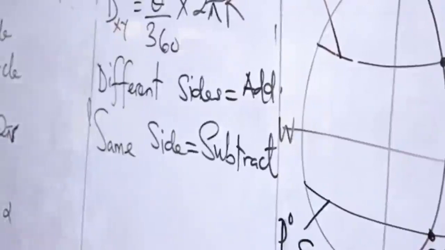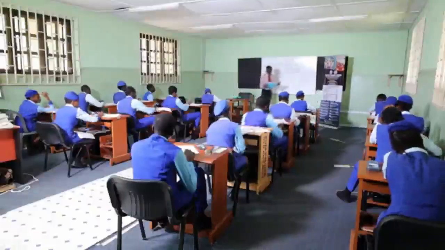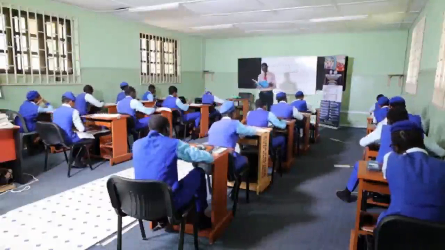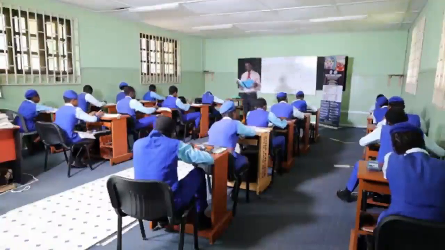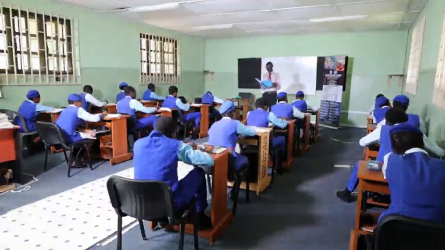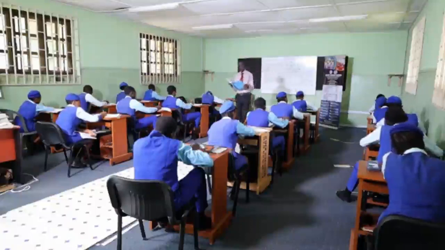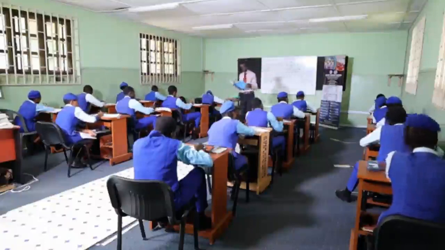Yes, sir. All right, so can we quickly write P, open bracket, 40 degrees north, comma, 18 degrees west, close the bracket, and Q, open bracket, 40 degrees north, comma, 78 degrees west, close the bracket, are two cities on the surface of the earth.